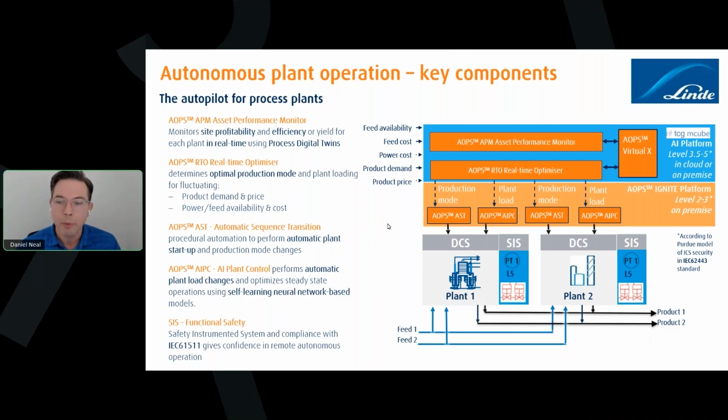It's going to control the set points, but then at some point you're going to transition to steady state, and a new application is going to drive that, say AIPC or traditional MPC, to drive the targets to their max constraints. The AOPS Ignite platform will manage all that with error handling. It's very robust and developed.